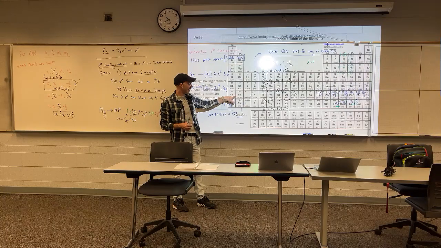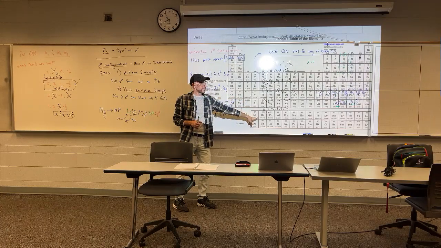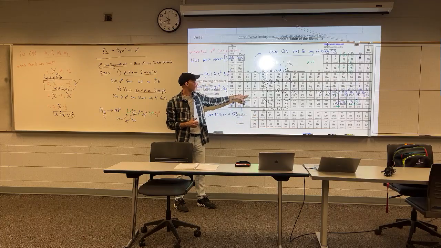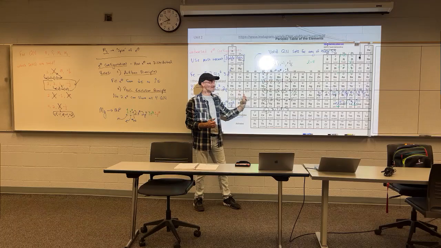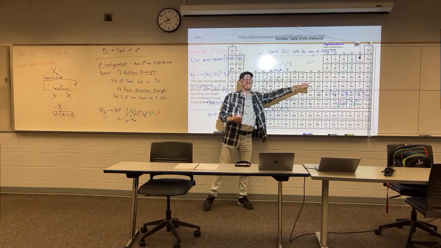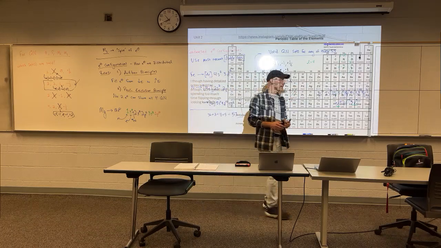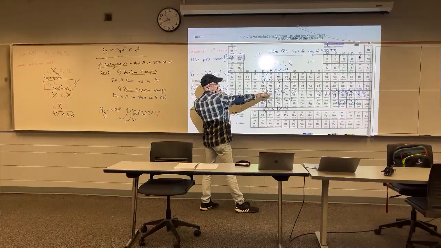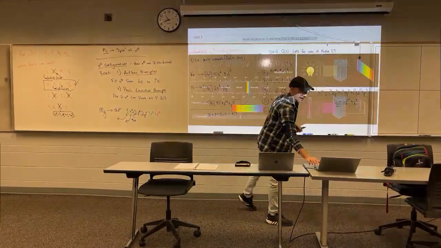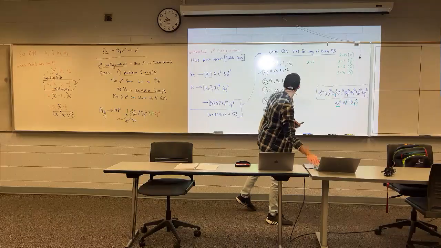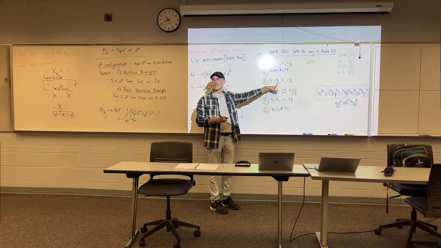You go 6s, 4f, 5d, 6p. 6, 4, 5, 6. So we're not in this row, we're not able to put electrons here.